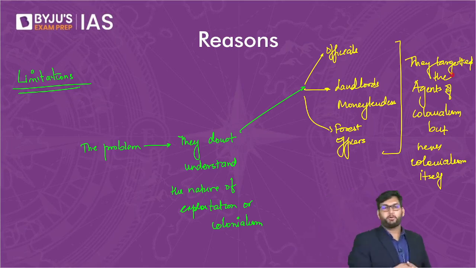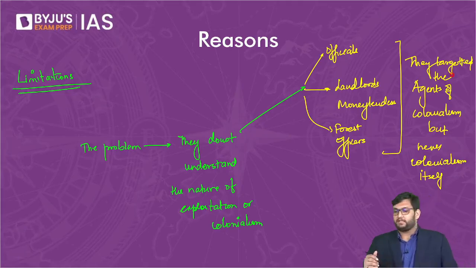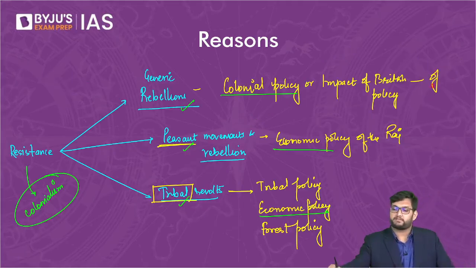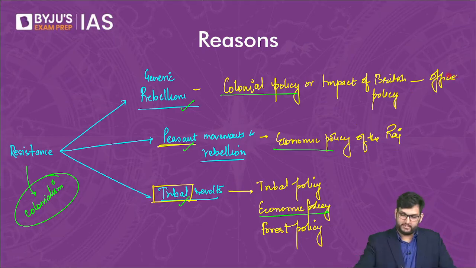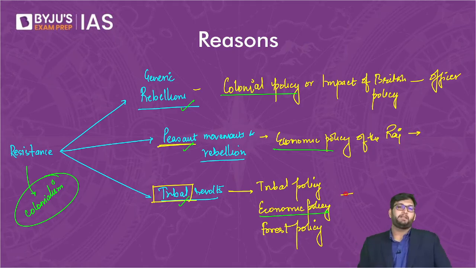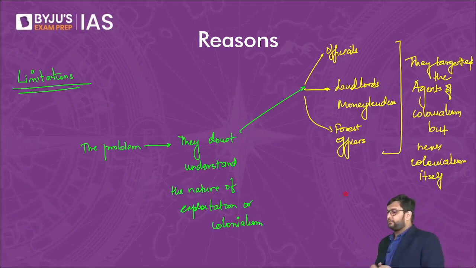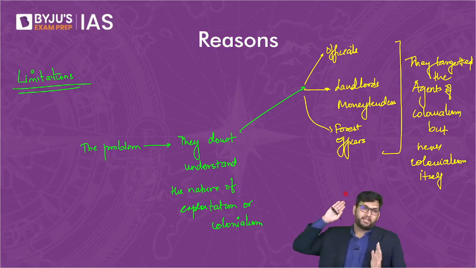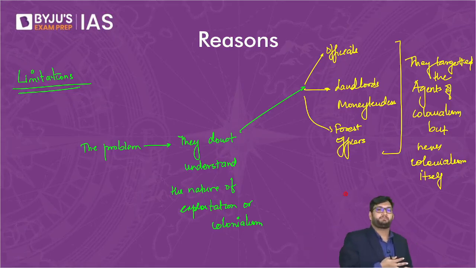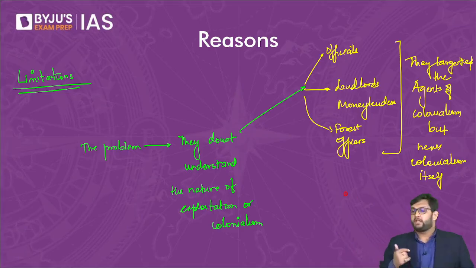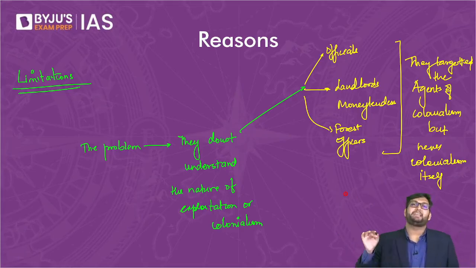It's a very important point you need to understand. Here the hatred is toward officers. Here it is hatred towards the officers or the bureaucracy. Here it's landlords or money lenders. Here it may be forest officers. But though they are technically going after the officers, landlords, money lenders, forest officers, they don't understand that they are not the reason why they are in that state.